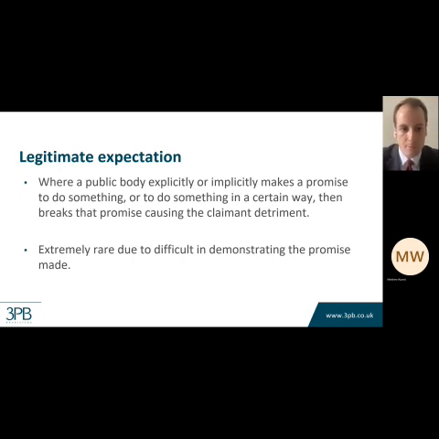It's an important point of principle, but in practice it's relatively rare. Most public bodies are quite alive to this and are not in the habit of making promises outside of their powers. And that's why illegality tends to be a more fertile heading for challenge.